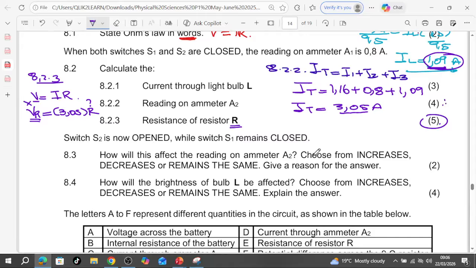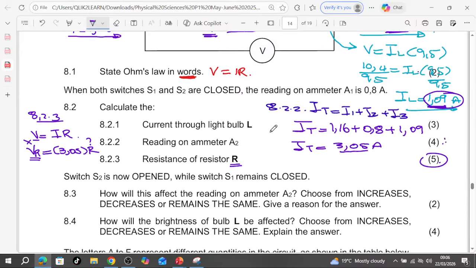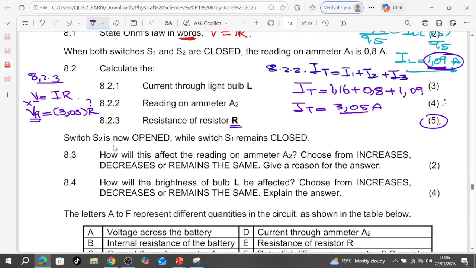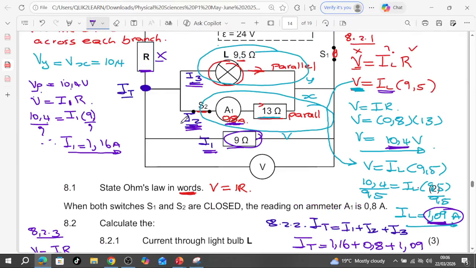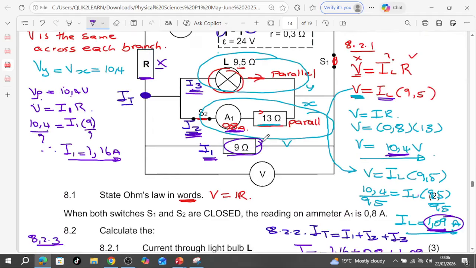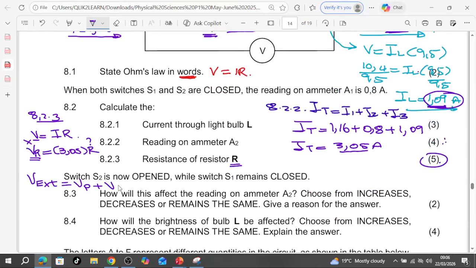We need to find the voltage of R. So we can use the formula that says V external is equal to the voltage for the parallel one, then we add the voltage for the resistors that are in series, and there's only one, which is R. So I'm just going to add this to R.